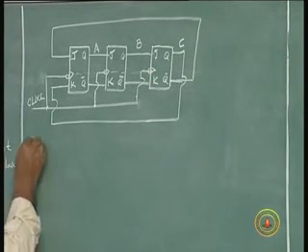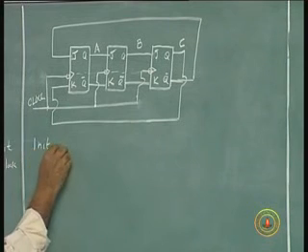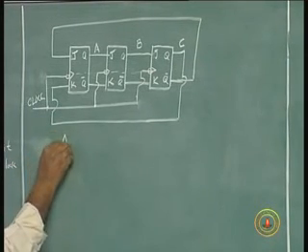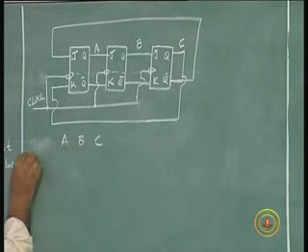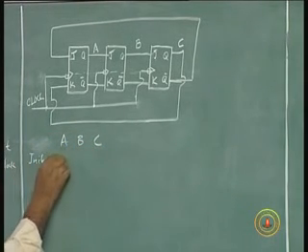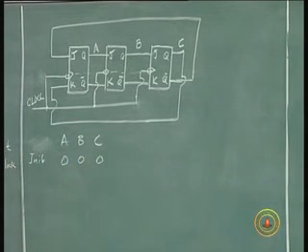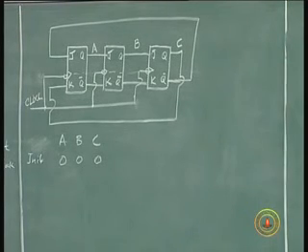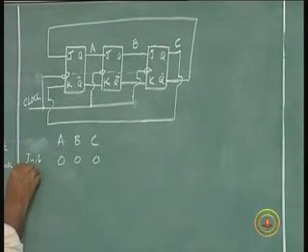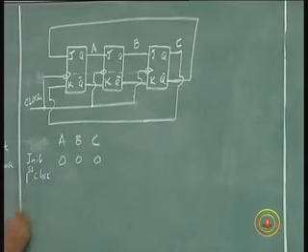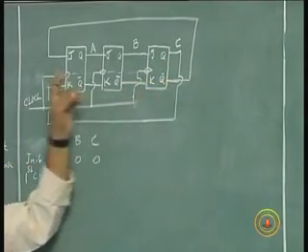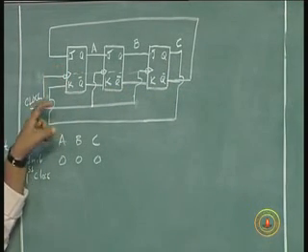Now let us say initially... after the first pulse, because C is 0, C bar which is 1 is connected to J, so J becomes 1 and K becomes 0 after the first clock pulse.